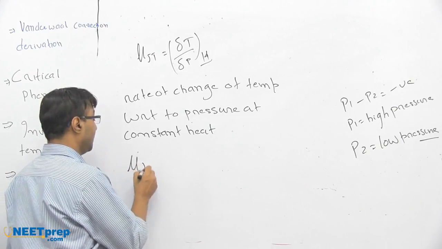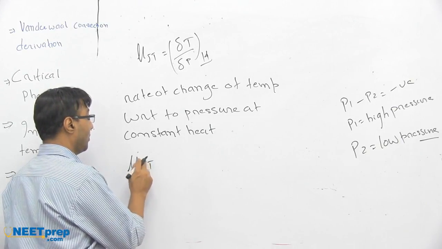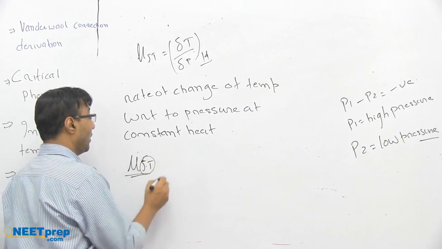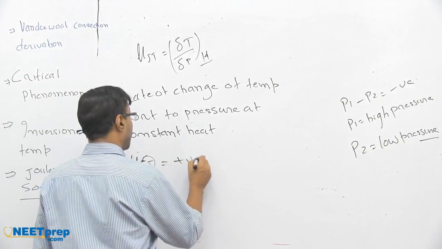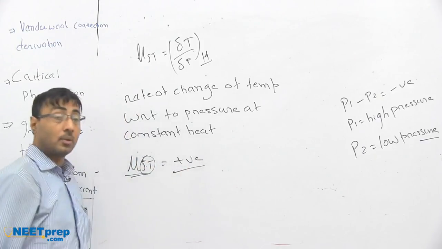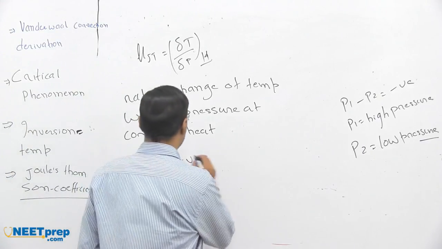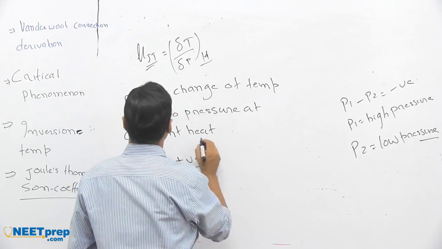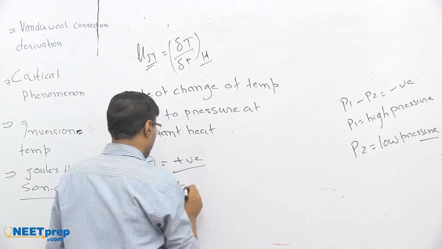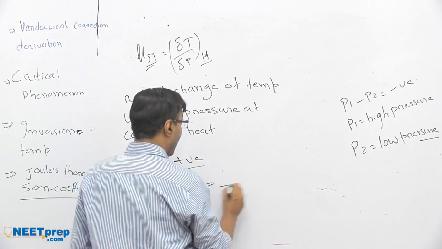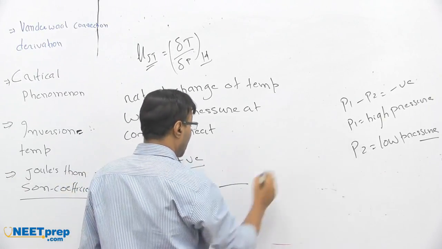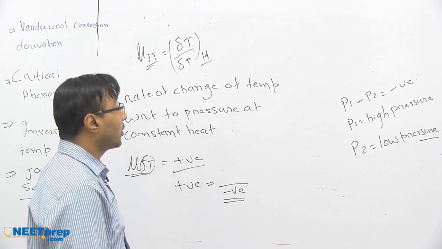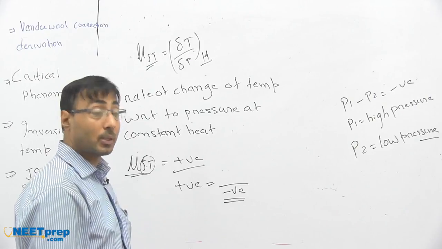Suppose mu JT is positive. What will happen? This part is positive and we have taken pressure P1 minus P2 as negative, because initial pressure is higher and final pressure is lower.